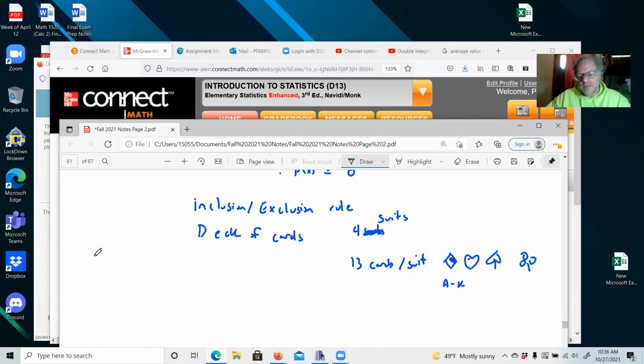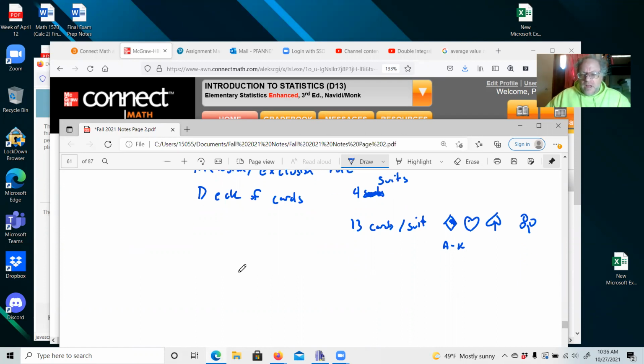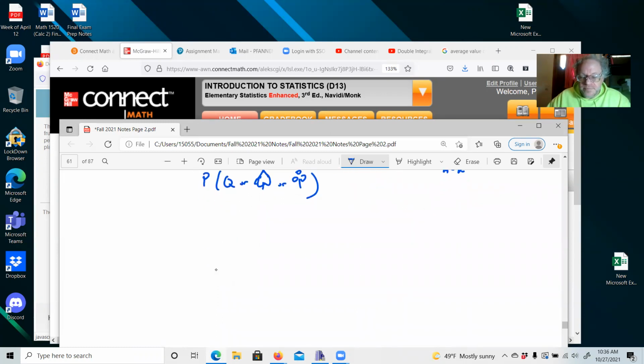If I ask you what is the probability of drawing a queen or a black card, we'll say spade or club, the way you're supposed to do this is: how many queens are there in the deck?